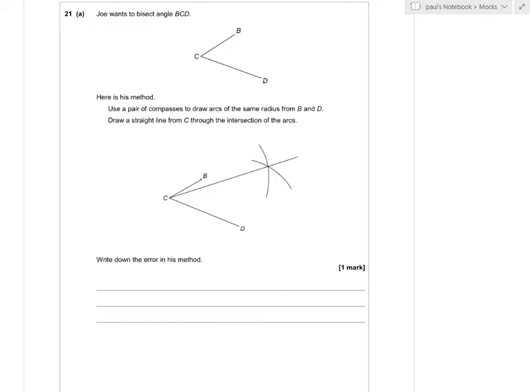Well, these lines are different lengths, so that line is a radius from there, and that line is a radius from there. You can't do that because they're different lengths. What you should have done is mark CB and CD first of all, the same distance.